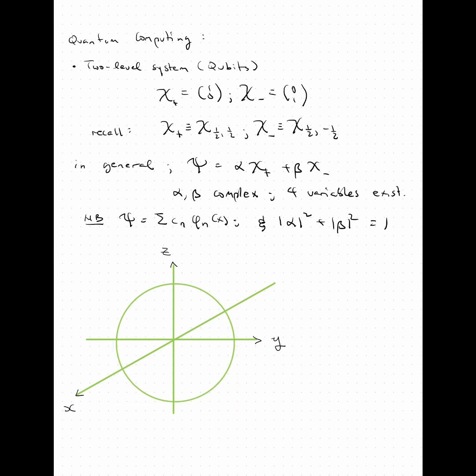So this is our Bloch sphere, and on it live two states. In the plus z and minus z directions, there's chi plus and chi minus.